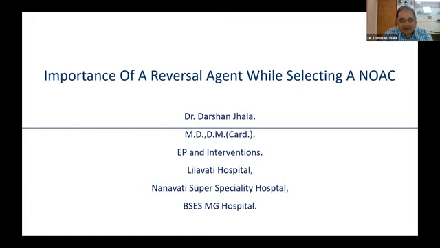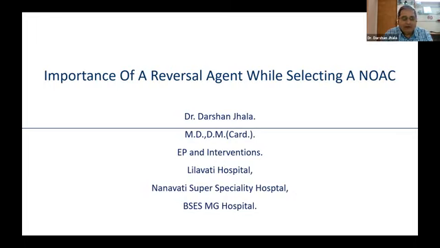If you have high GI bleed risk, you will not use rivaroxaban and you might settle for a lower dose of dabigatran or apixaban. Barring these situations, for the majority of our patients, all 3 drugs are available to us. So then, do we choose a particular agent which has a currently available reversal agent or not? Or we just go ahead and use whatever drug we prefer to use.